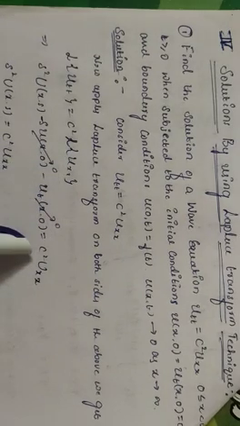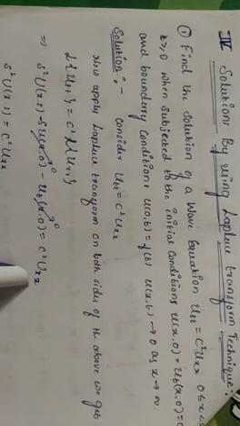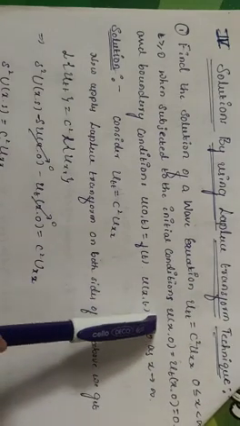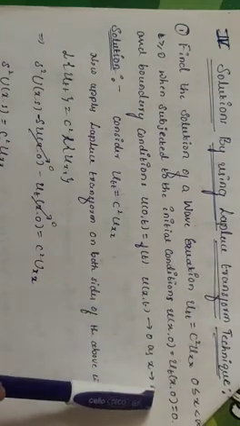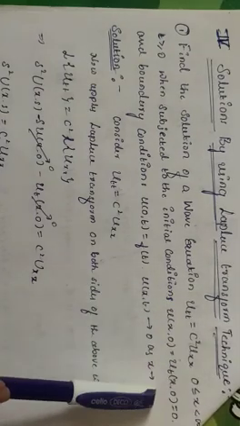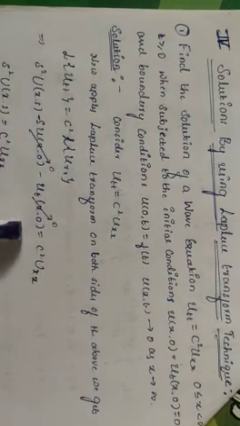The RHS becomes c square into second order derivative of capital U with respect to x. From the hypothesis, the initial conditions are already given, so u and ut values are equal to 0.